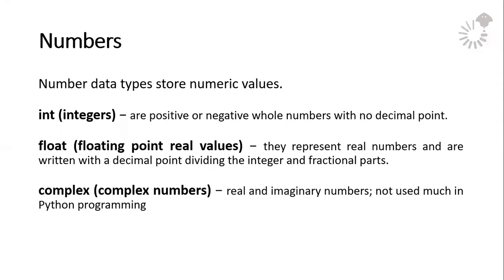Kung whole number ba siya, whole number without any decimal point, ibig sabihin 9.0 is not integer. Kahit buo siya at 0 yung decimal niya, this is in the form of float pa rin kasi may decimal point siya. Integers, wala silang decimal point. Or float, ito yung mga may decimal point. Okay? So, integer and float.